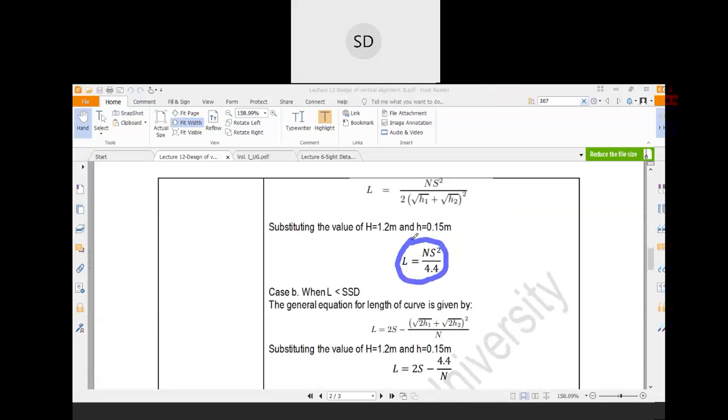Write that we first assume L is more than SSD. In that case your total L would be N square S square divided by 4.4.